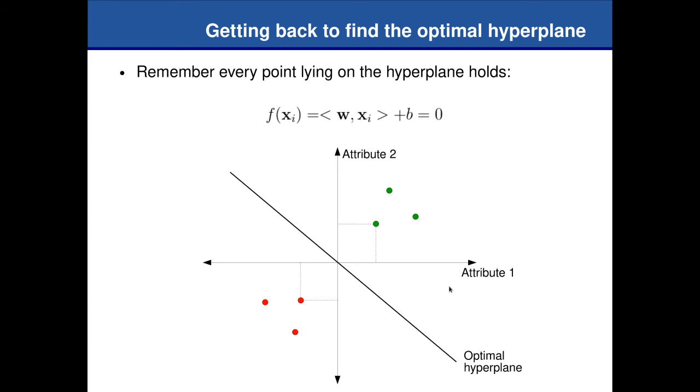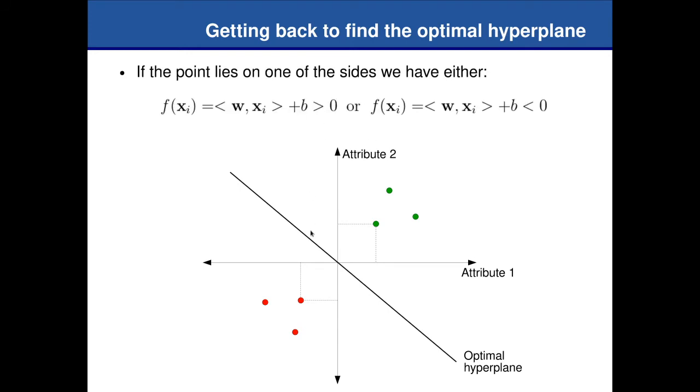Again, at this point, we need to remember that we need to provide some solution. Whenever our point lies exactly on the hyperplane, the result is going to be 0. So if it lies on the hyperplane, the dot product of vector W by vector xi, which represents a point in our sample, plus some b is going to be 0.